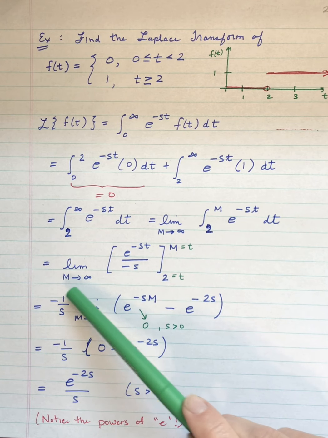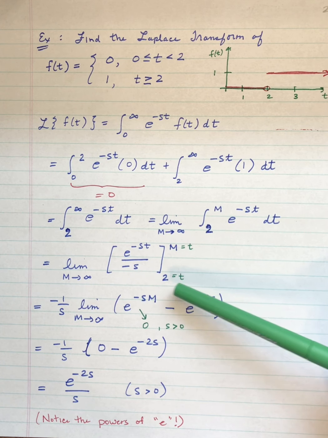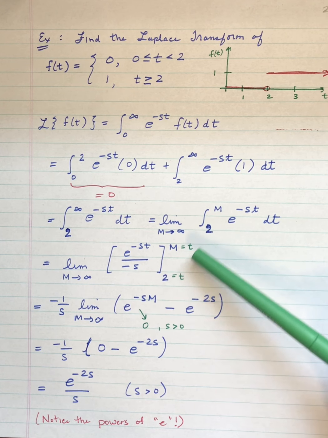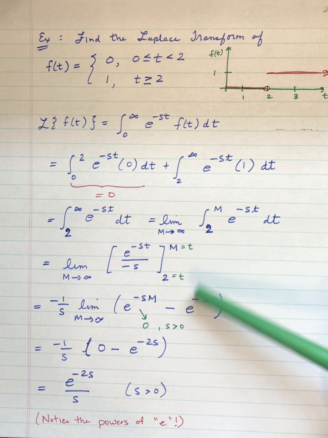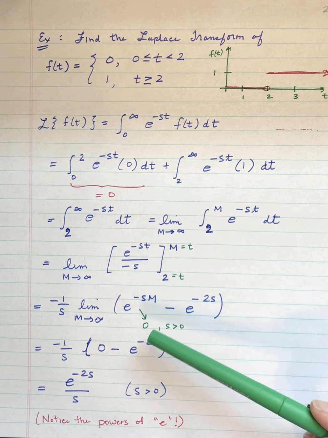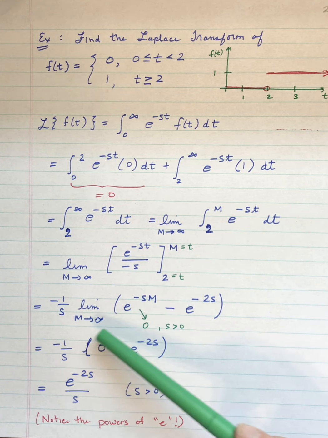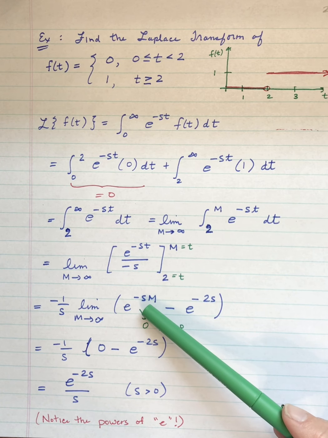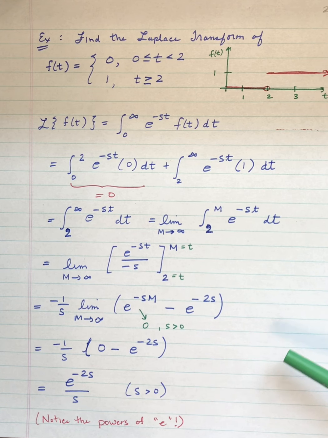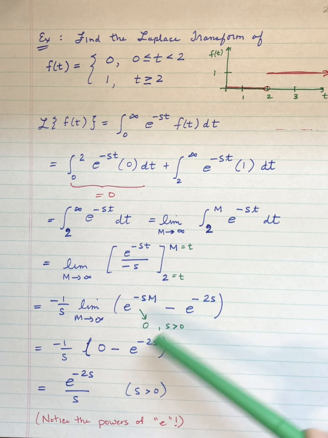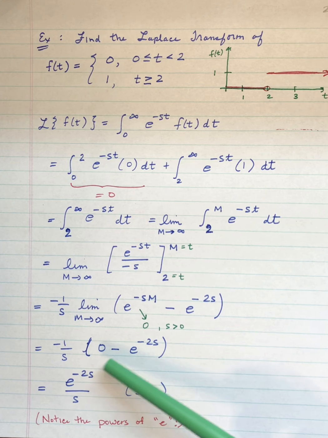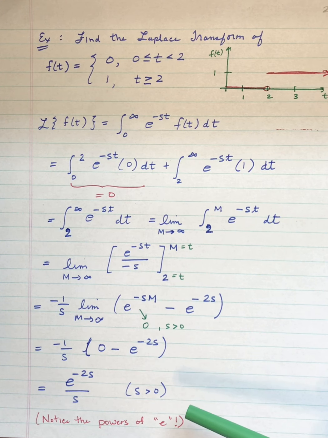We're taking the limit with limits of integration from t equals 2 up to t equals m, plugging them in for t. So what happens here? As long as s is positive, e to the minus s times m goes to 0. So this gives us 0. The other term doesn't depend on m, it's like a constant. So we just get 0 minus e to the minus 2s.